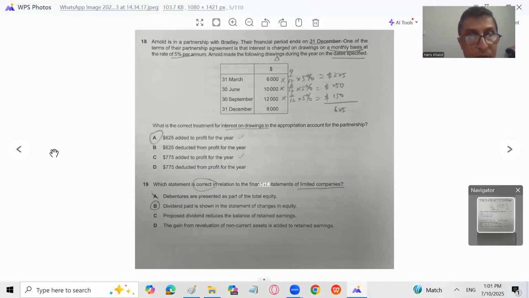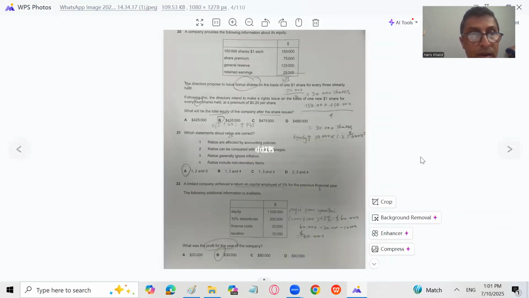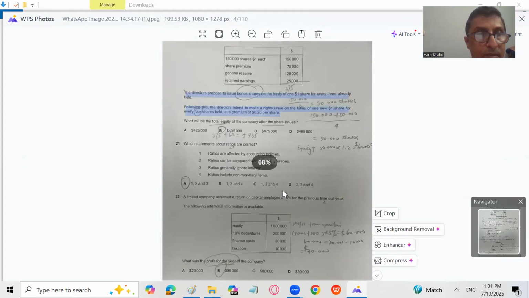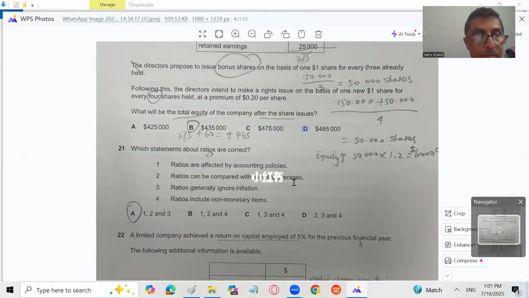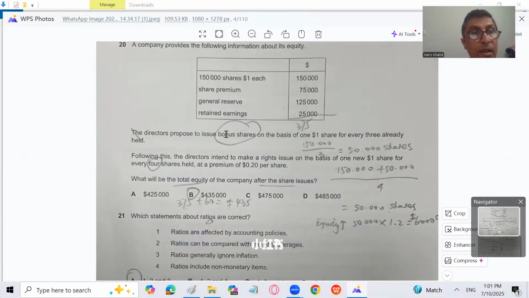Okay, so we are done with 19 MCQs. Let's move forward to the 20th MCQ. A company provides the following information about its equity: 150,000 shares of $1 each, 1,50,000. Share premium, general reserve, and retained earnings are given.